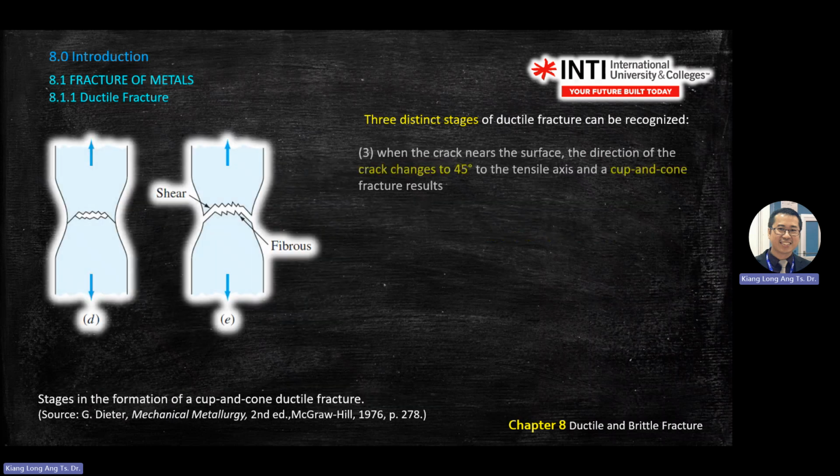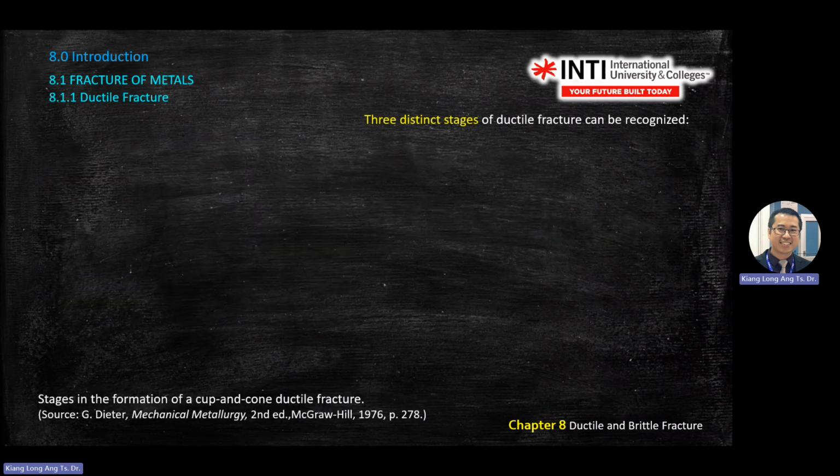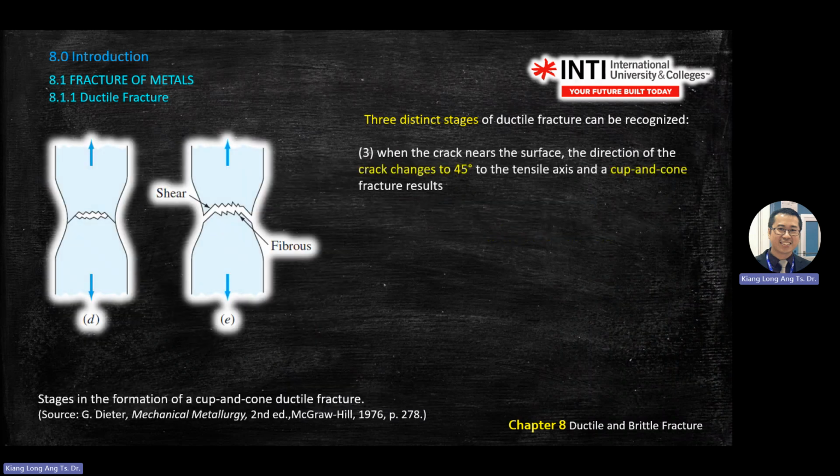Okay. Then after the crack happens inside, the third phase is failure. When the crack is near the surface, it means it has reached the surface. Then the crack direction will change up to 45 degrees to the tensile axis and a cup and cone fracture results.